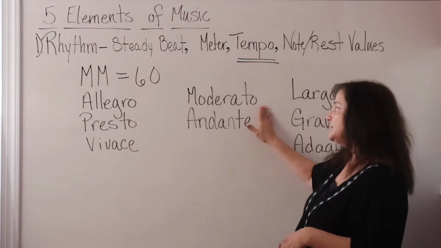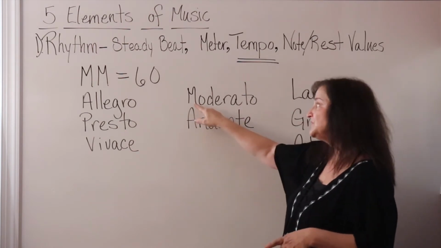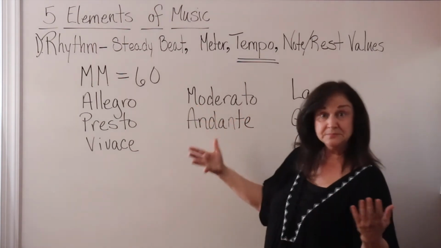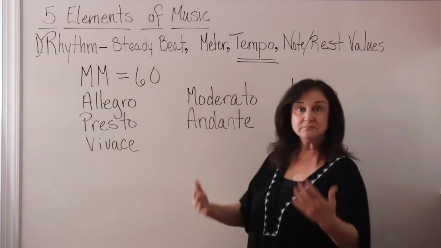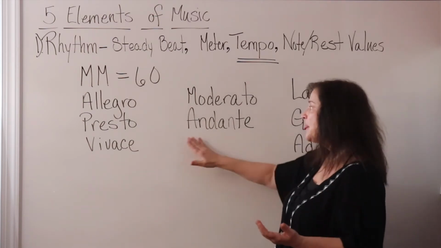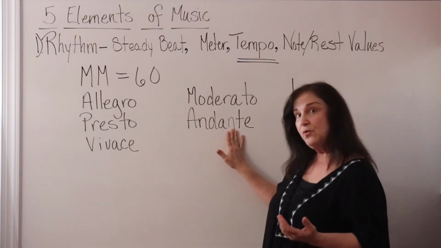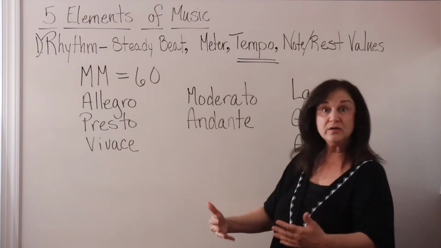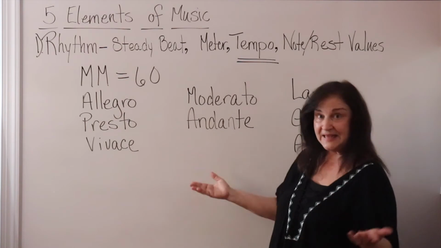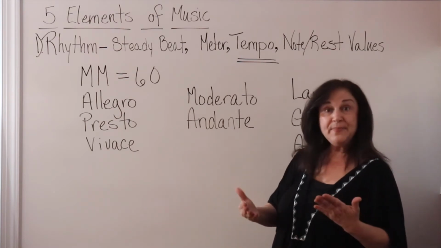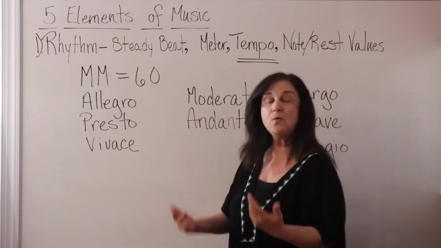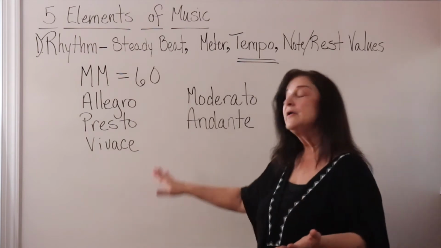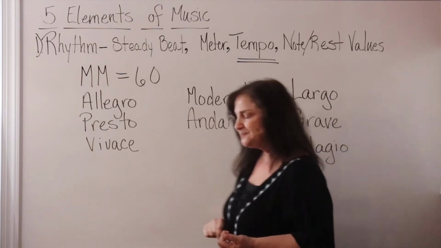These are medium speeds. Moderato, the word moderate, medium speed. This would be the pulse for a medium speed. Andante, the word comes from andare, which means to go, or to walk. So an andante can easily be described by just stepping. Walk, walk, walk, walk. And there's an andante speed.